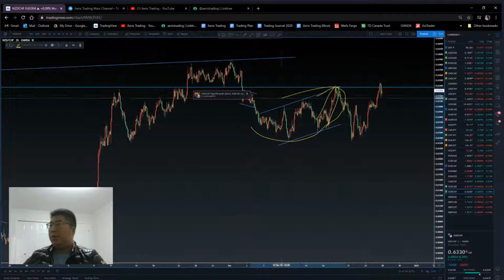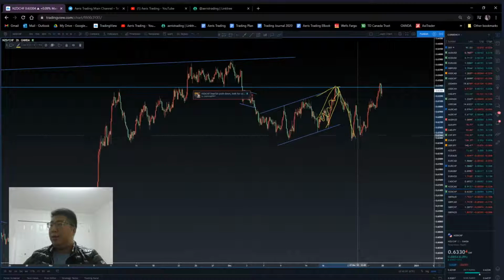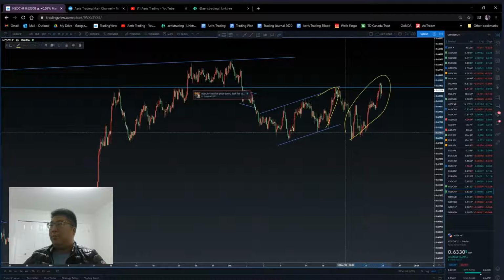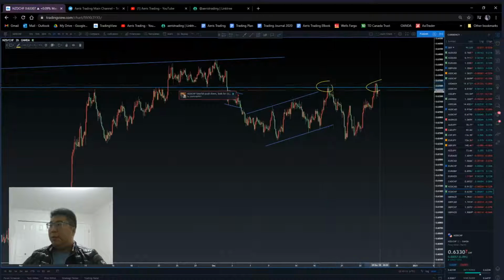But this was a nice structure that we're making. We had 3 swing tops, 2 swing highs, and then we had this ascending channel moving up, and then we pushed down like this. But then we see this overall price action, and we just pushed down once more.